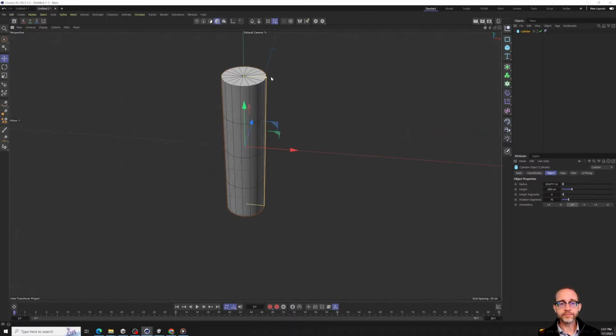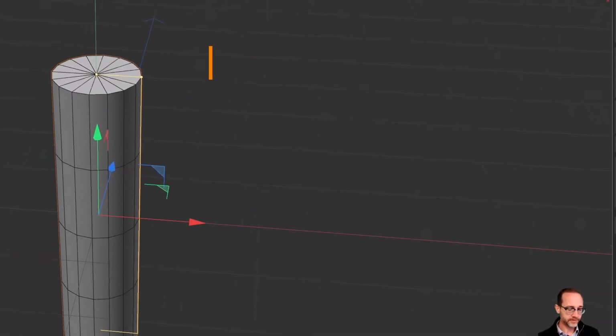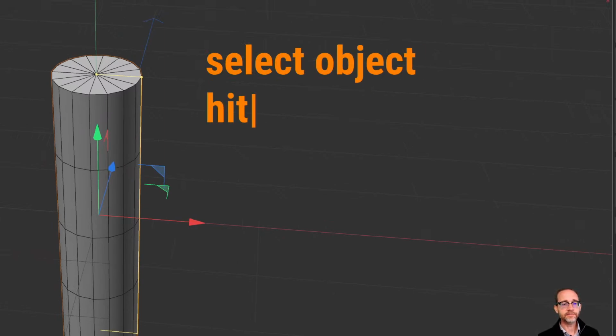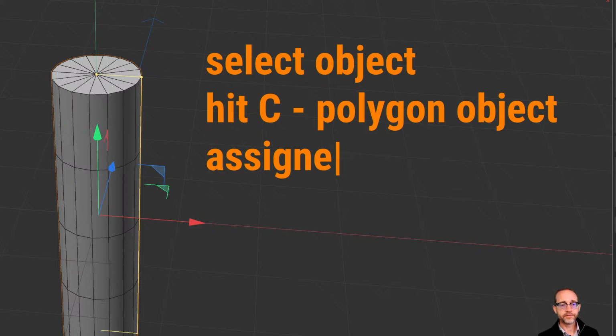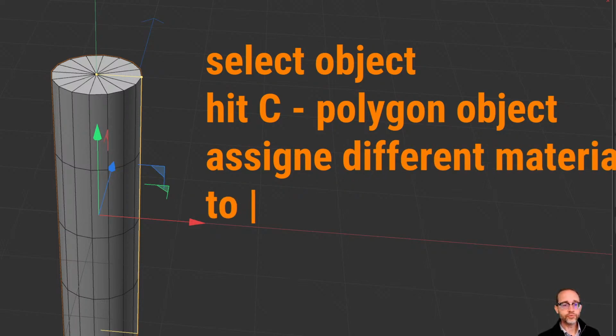But you talked about using multiple materials on one object, and that is a process of select object, and then hit C, which will turn it into a polygon object. And then you can assign different materials to different polys.